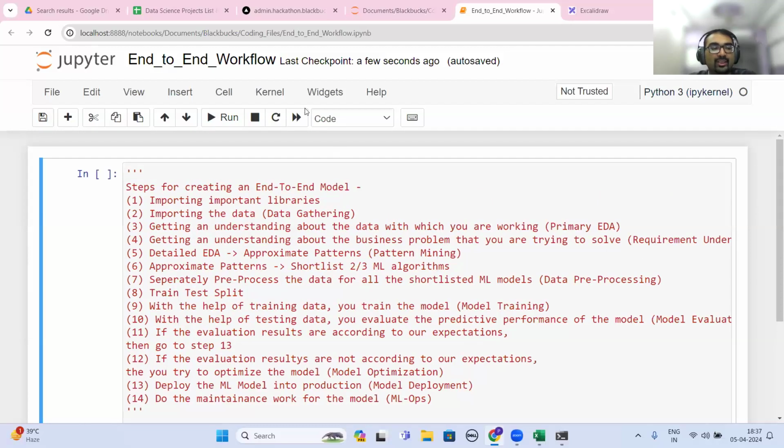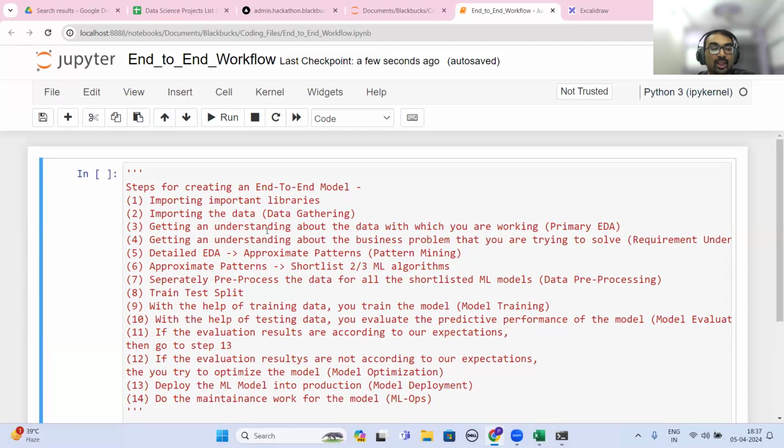First you will import the important libraries, then import the data, then get an understanding of the data with which you are working, then get an understanding of the problem that you are trying to solve, which comes under problem gathering. All of these are things with which you are expected to work.